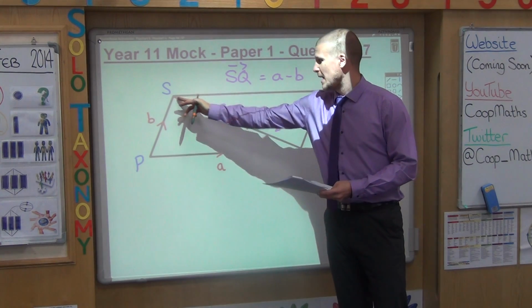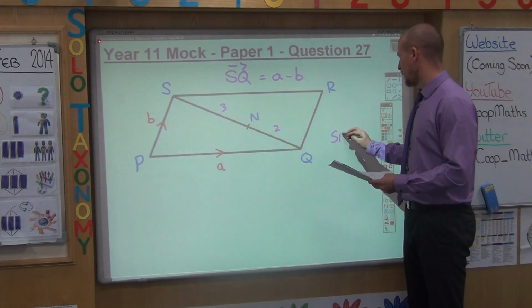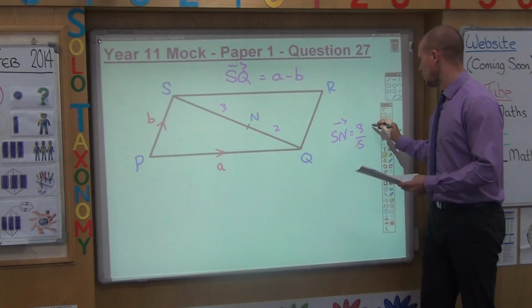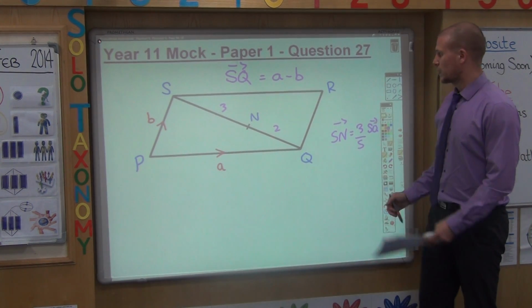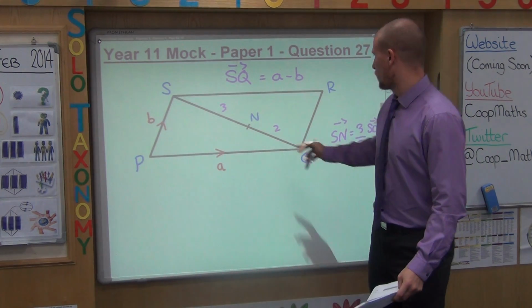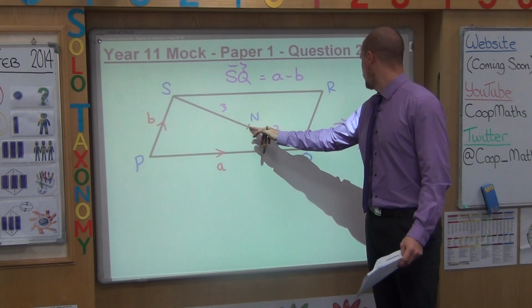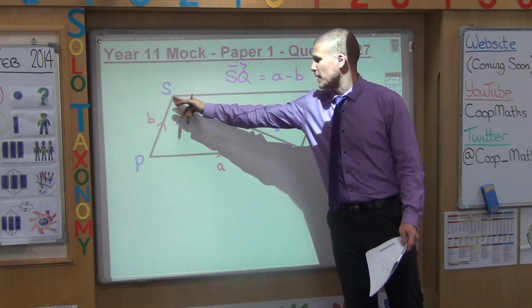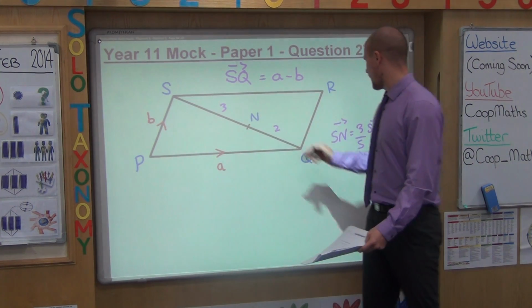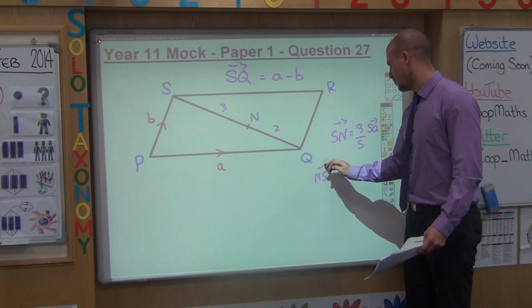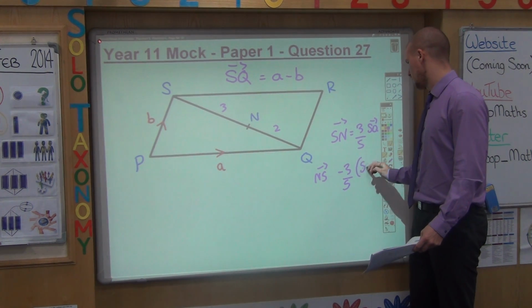So, for example, S to N, I could describe as 3/5 of S to Q. So I can describe it as 3/5, open bracket, A takeaway B. Or if I wanted to go from N to S, it's going to be 3/5 of the opposite journey, in other words minus 3/5 of SQ.